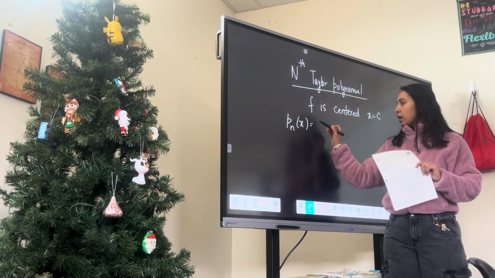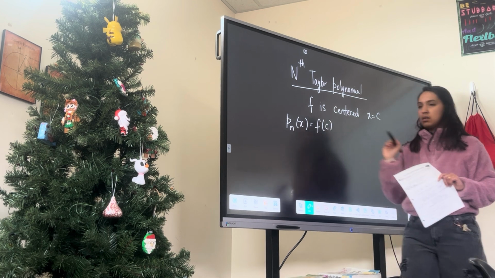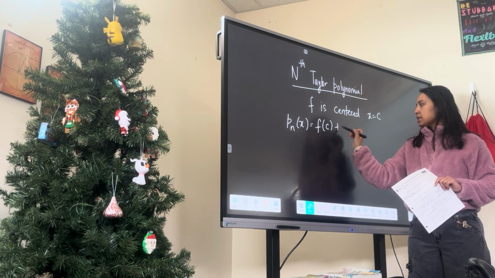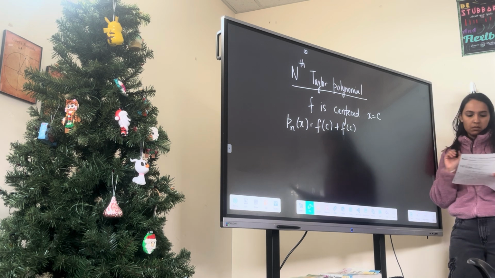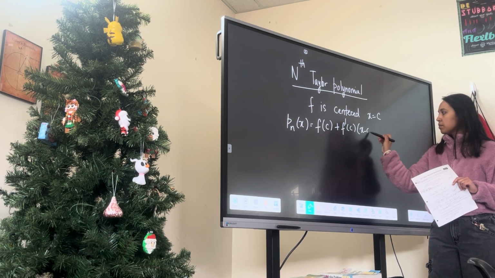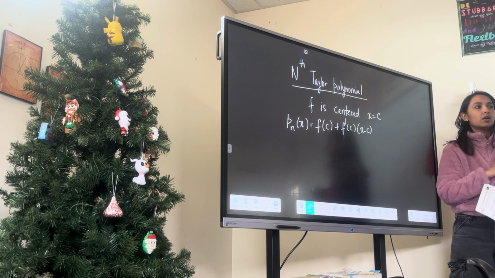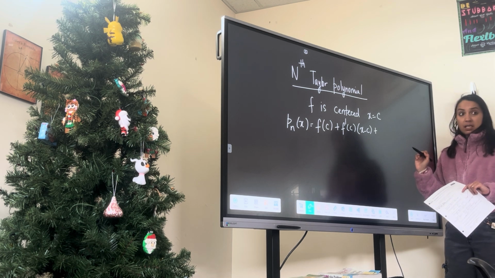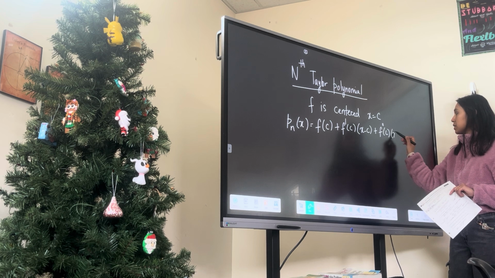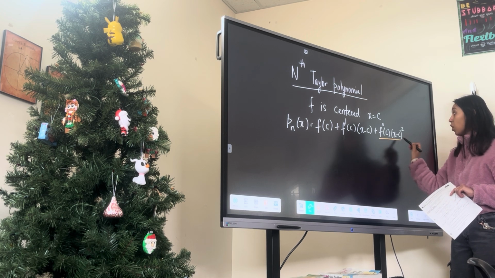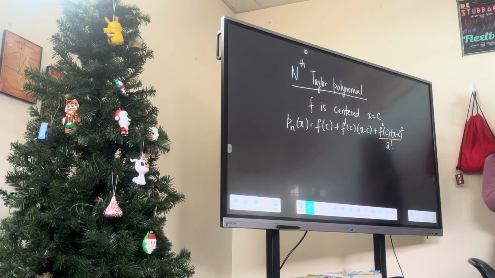It will be f of c plus f prime of c times x minus c plus f double prime of c times x minus c squared over 2 factorial.